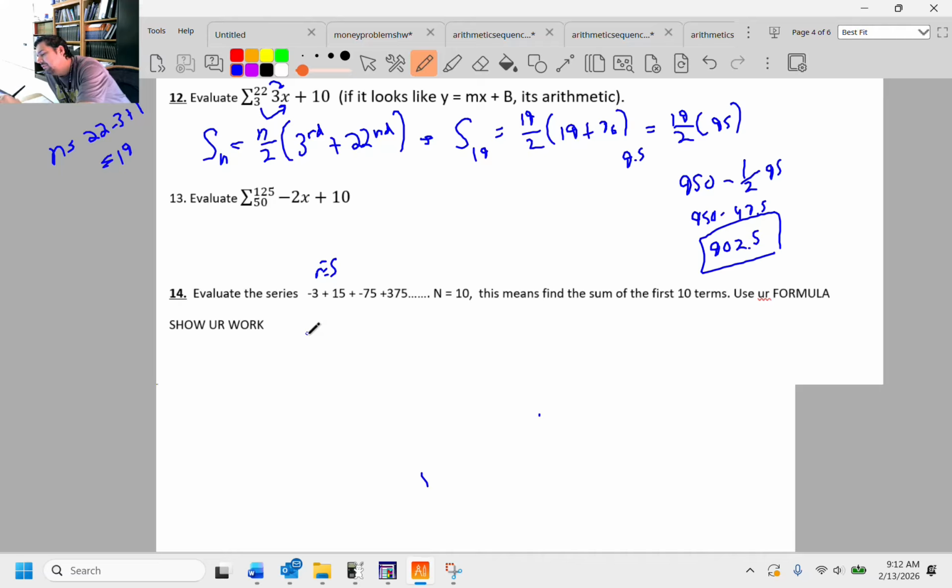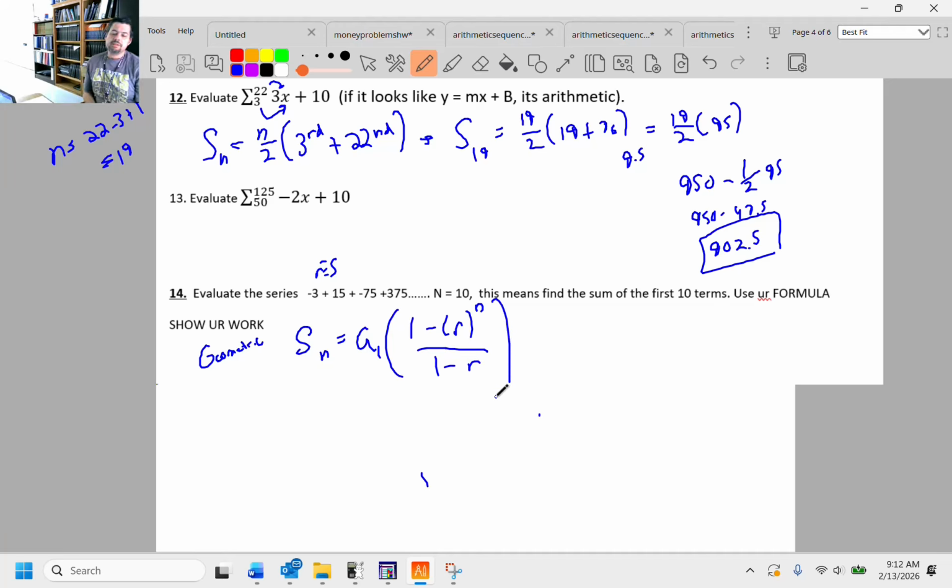So your formula for your geometric, and this is geometric, so we got to use the right one. It says the sum of n things is the first term, big old set of parentheses, 1 minus, safe thing to put r in parentheses, to the n over 1 minus r. And it's a big deal on this one because your ratio is negative. So it definitely needs a set of parentheses.